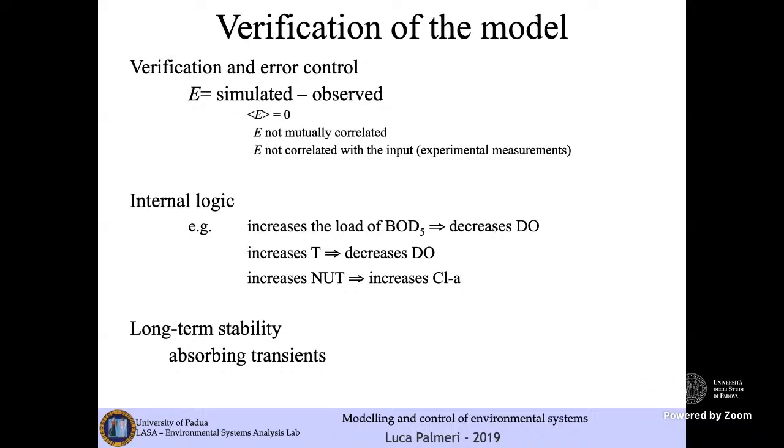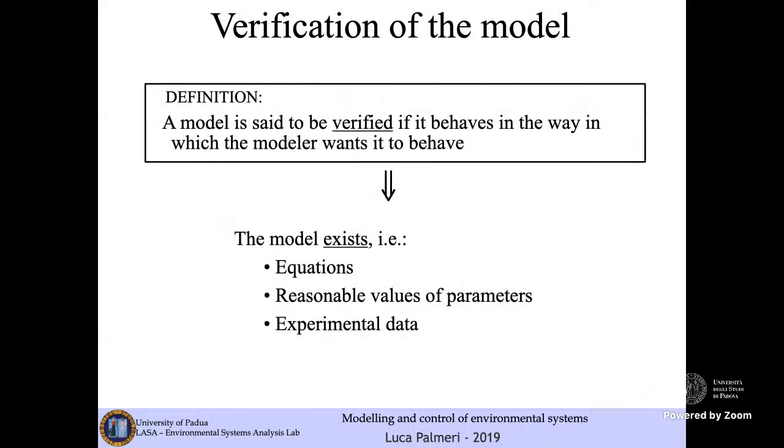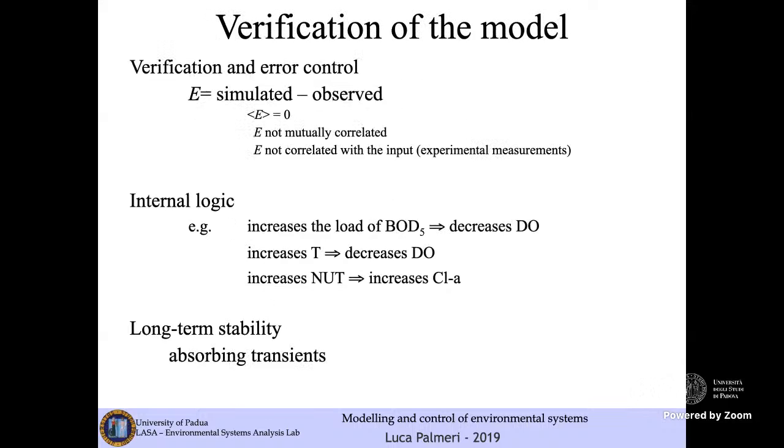For example, one check is that of checking the verification by error control. You expect that the difference between simulated and observed values, this is why you need some experimental data to exist, the difference between simulated and observed values in average should be 0.